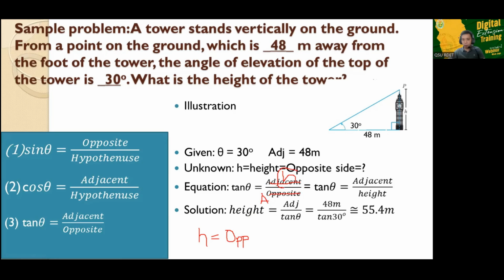To solve for height, we cross multiply this. So height is equal to the adjacent side, which is 48 meters.